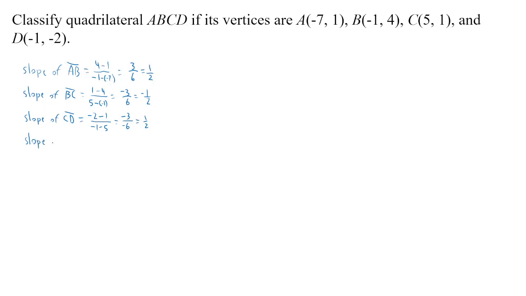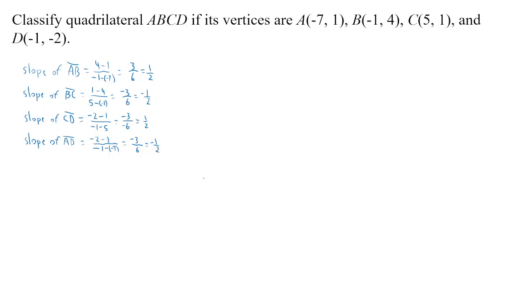Next, we have the slope of segment AD. And this is negative 2 minus 1 over negative 1 minus negative 7. So this is negative 3 over 6, which is negative 1/2.